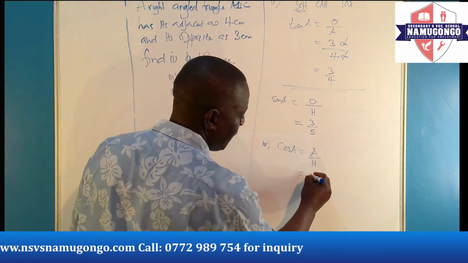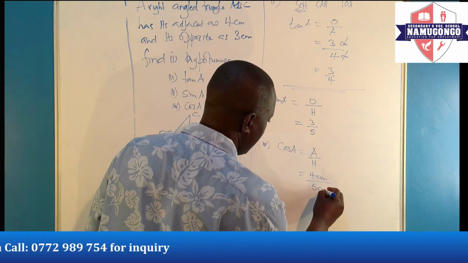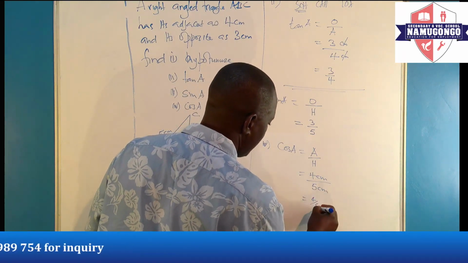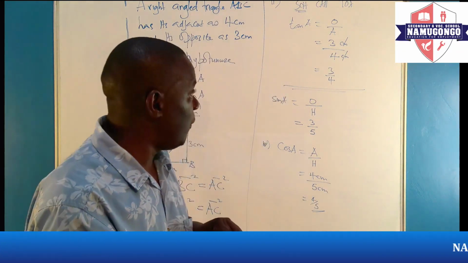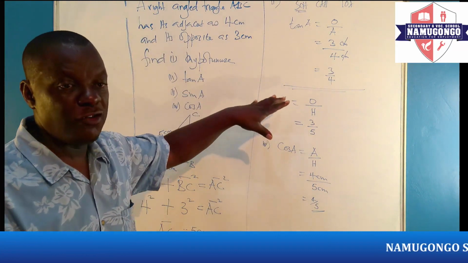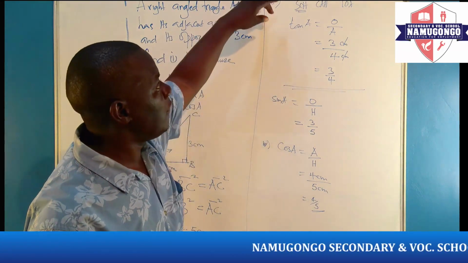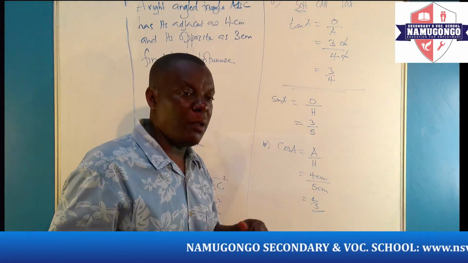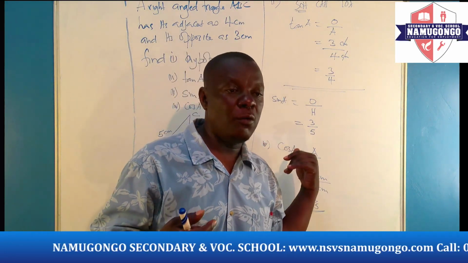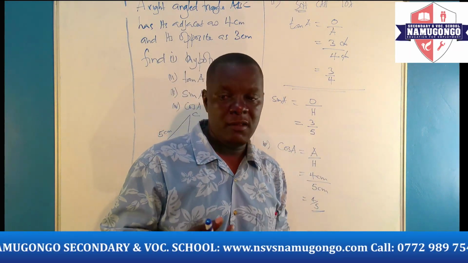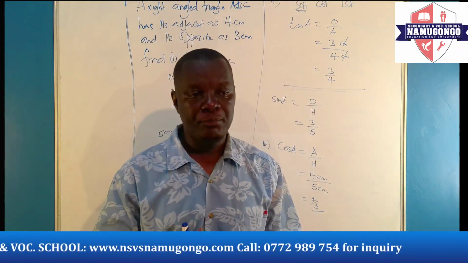Our adjacent is 4 centimeters. Our hypotenuse is 5 centimeters, which is 4 out of 5. This is a very good example which teaches us how to find these ratios for right angled triangles. Using SOHCAHTOA, we are able to get the ratios without getting the angles. There's no need for us to get the angles. Next.